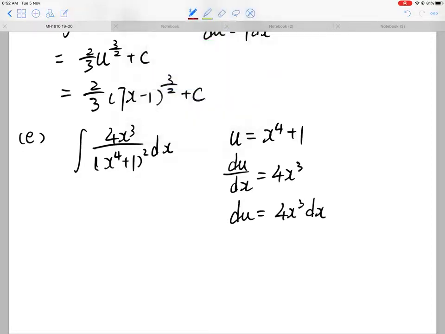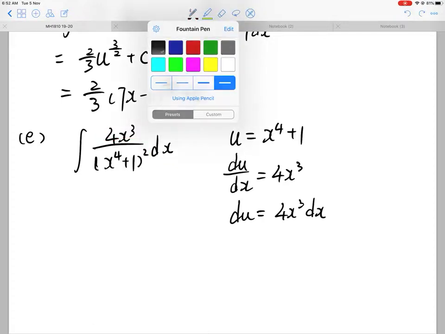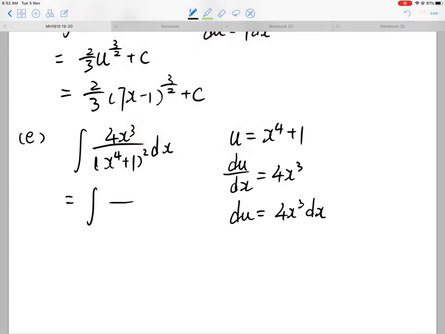So 4x cubed dx is your du. And the bottom part is u squared, which is, right, this integration is negative 1 over u plus c, which is negative 1 over x to the power 4 plus 1, plus c. Okay.